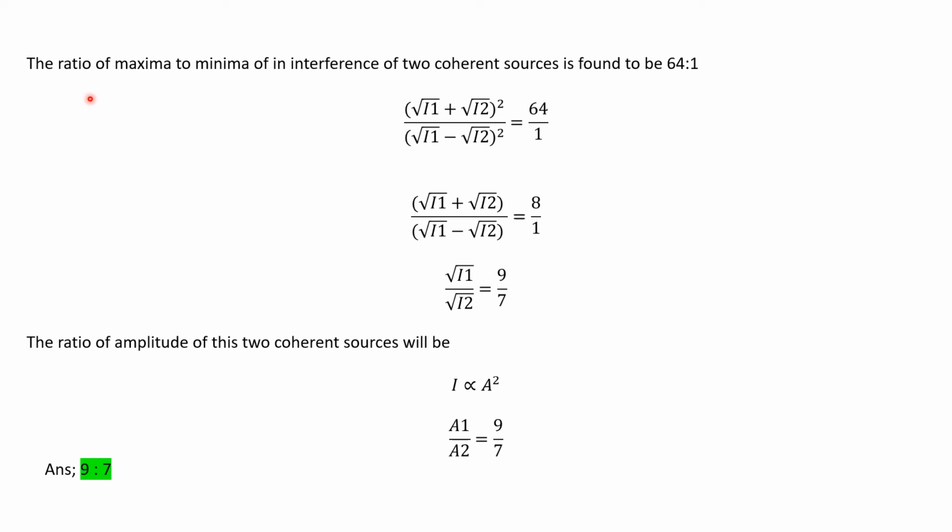According to the question, the square of (root I1 plus root I2) divided by the square of (root I1 minus root I2) is equal to 64/1. So from here we can find that root I1 by root I2 is equal to 9/7. Again we know that intensity is proportional to A square, that is, amplitude square. So from this value we can find that A1 by A2 is equal to 9/7. So the answer will be 9:7.